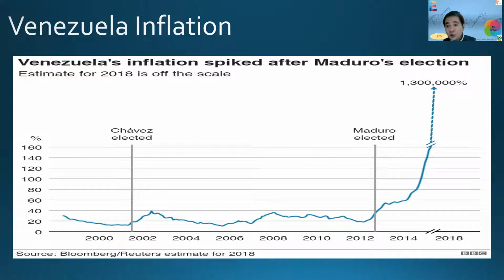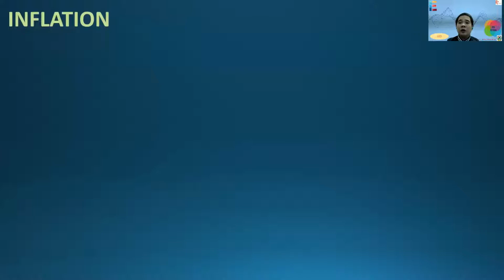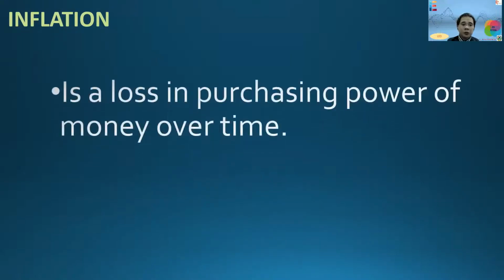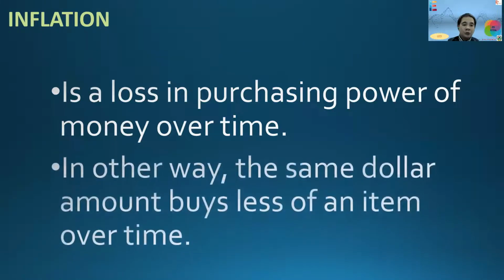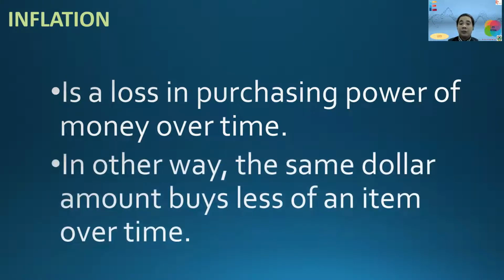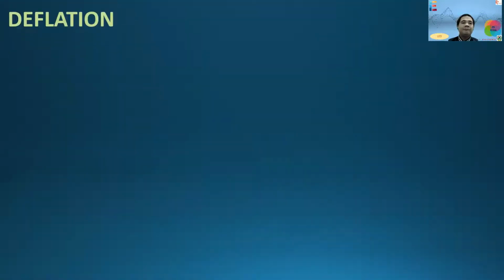That is the very reason that when you go into Venezuela, even if the value of your money is around 1 million pesos, you can only buy a single drink for that money. So inflation is a loss in purchasing power of money over time. In other words, the same dollar amount buys less of an item over time.